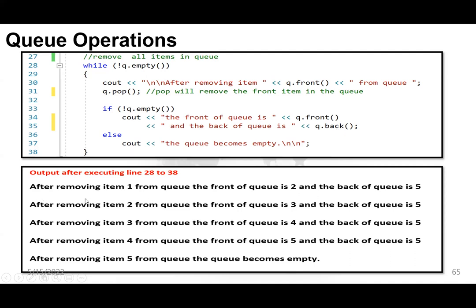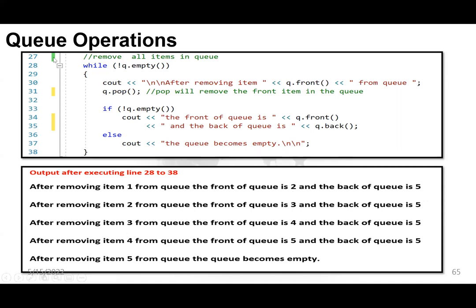From here, we can see that after removing item 1 from the queue, the front of the queue now is 2. Initially, the front is 1, right? We have 1, 2, 3, 4, 5, and the back of the queue is still 5.